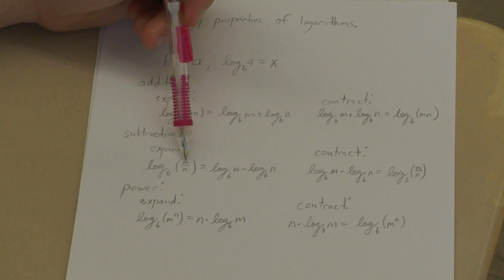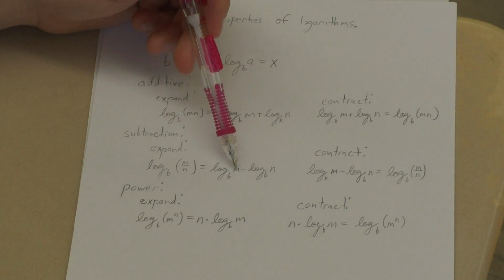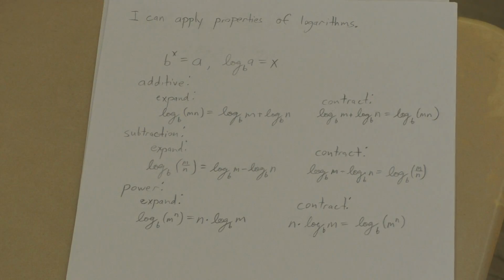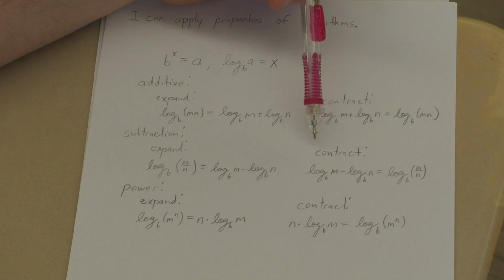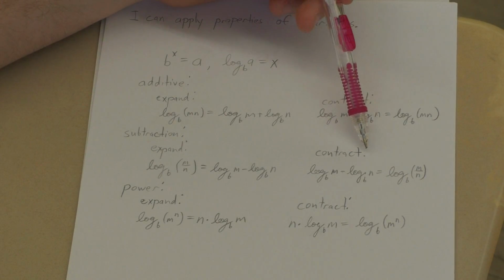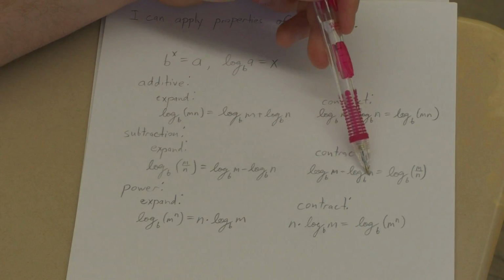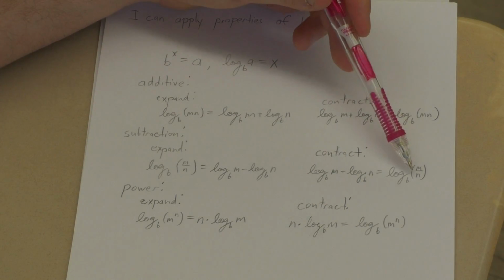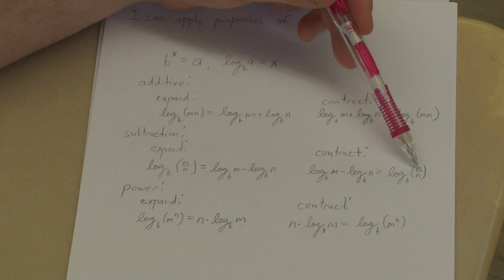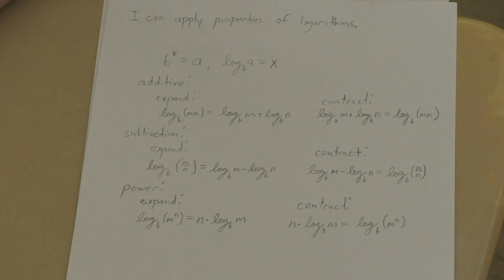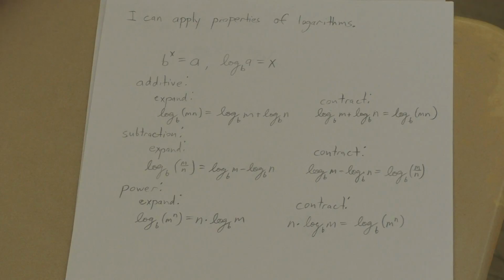So log base b of m over n equals log base b of m minus log base b of n. And just like the additive property, you can contract that. If you have two logarithms of the same base subtracted from each other, you can combine them into one where the numbers being acted on by the log will be divided.